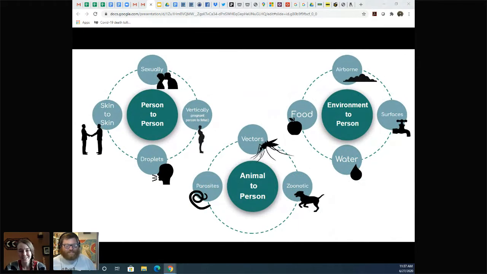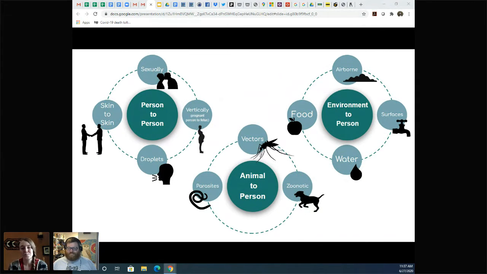So I'll pass this over to Raven. Yeah, so when we think about disease and the ways that a disease can transmit from one person to another, or between an animal and a person, say a parasite causing disease directly, or something like the swine flu passing from a domesticated animal to a person.